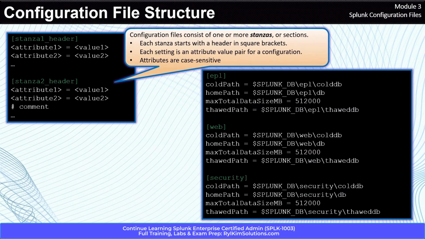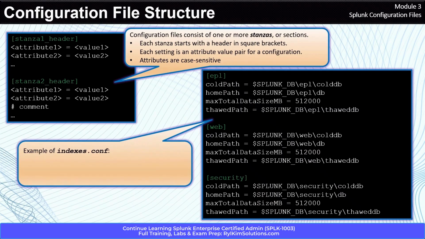This information that you configured on Splunk Web is going to update the indexes.conf configuration file in the backend. So you are going to have a stanza for the EPL index, a stanza for the web index, and another stanza for the security index. Each of the stanzas is going to have a stanza header.